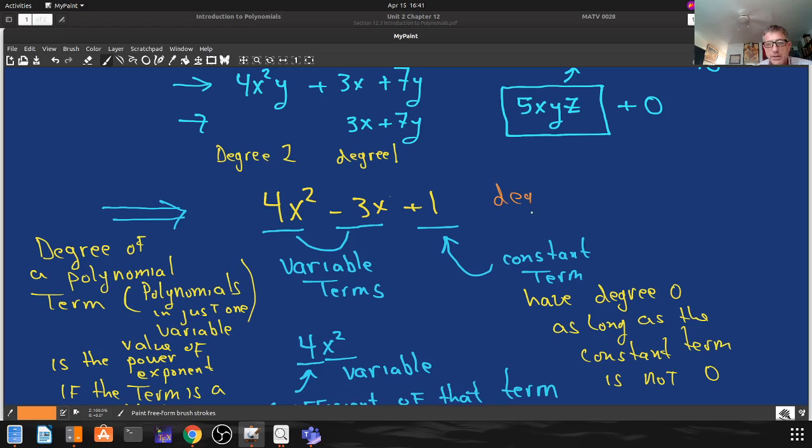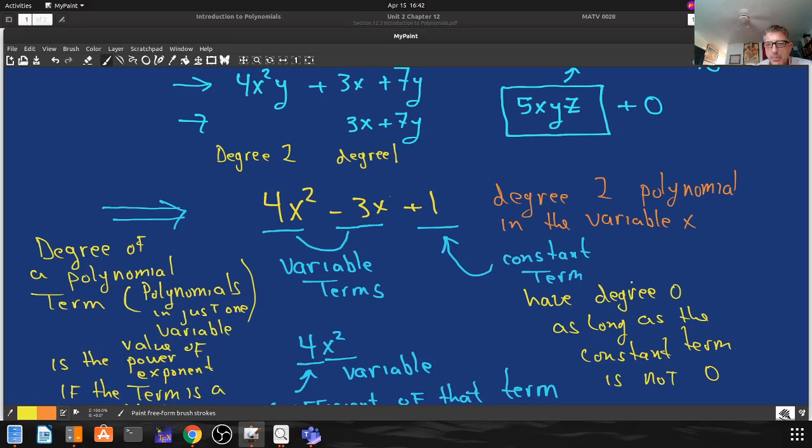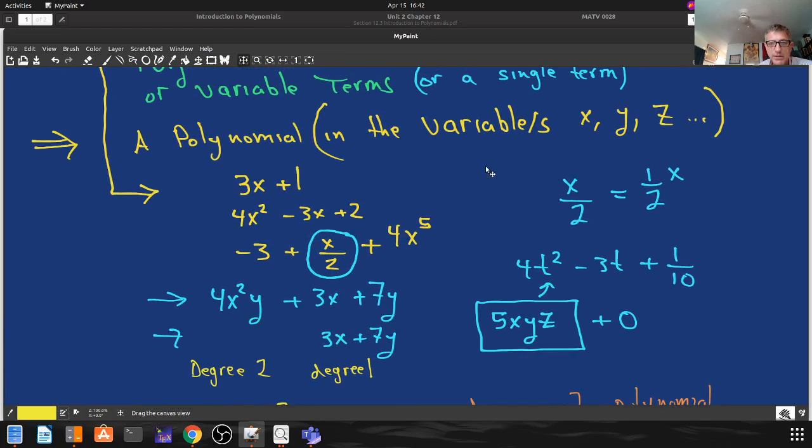So this is a degree 2 polynomial in the variable x. Many times we omit the phrase "in the variable" or "variables," but it is more common later on in math, not what you're going to get though.